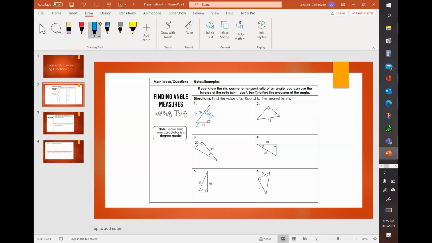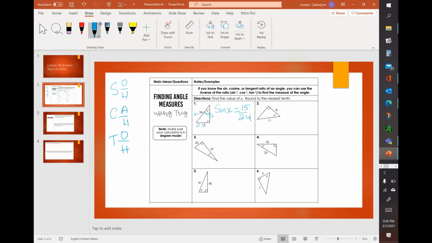We have O and H, so remember SOH CAH TOA. Since we know O and H, we are going to use sine. It's going to be sine of x, because we do not know what degree we're talking about, equal to O over H, which is 15 over 24.